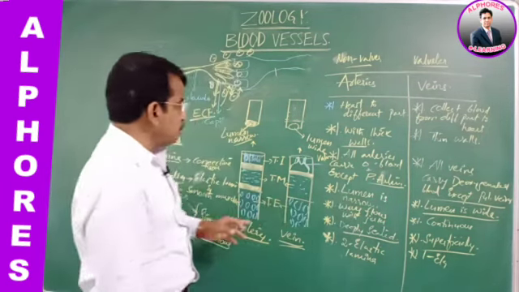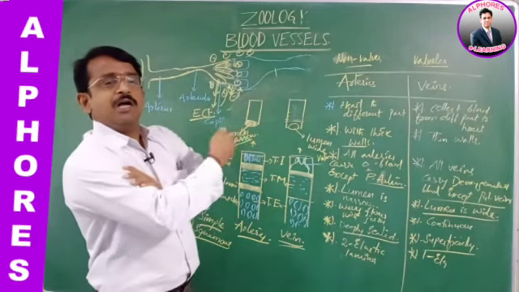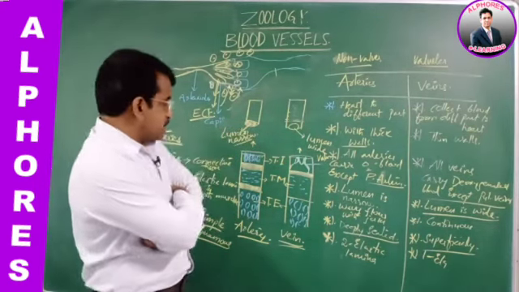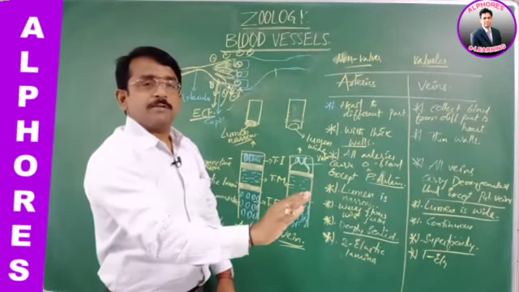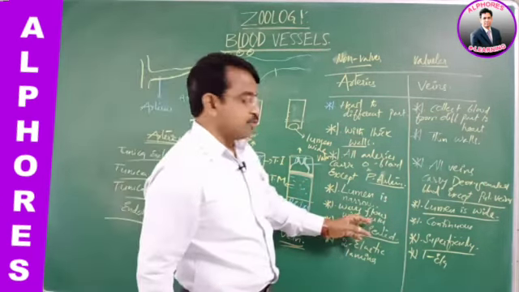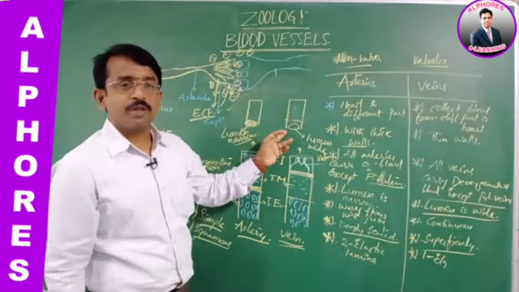Lumen is narrow in the case of the arteries. That's the reason why the blood flows in a wavy and jerky manner, whereas the lumen is wide in the case of the veins, so the flow is continuous.